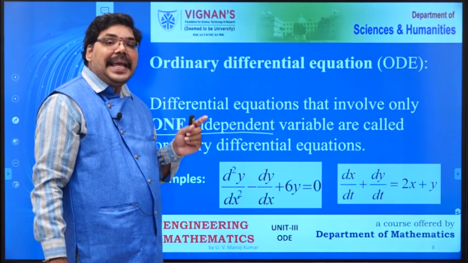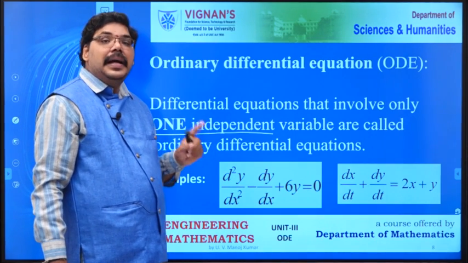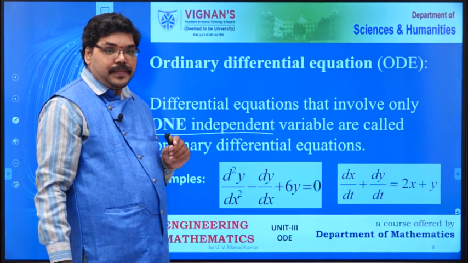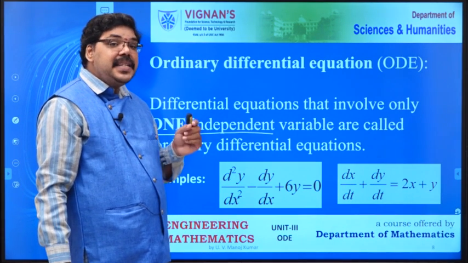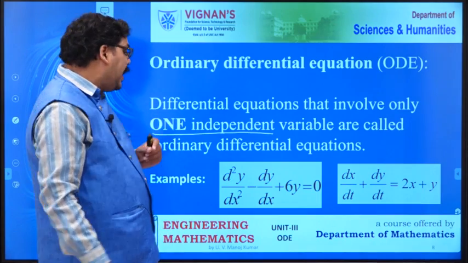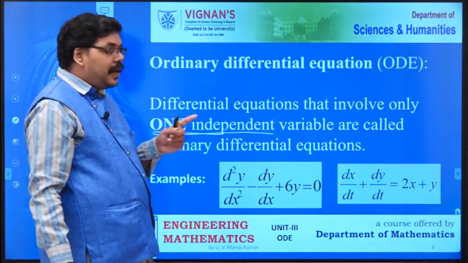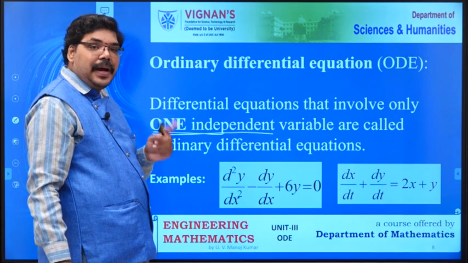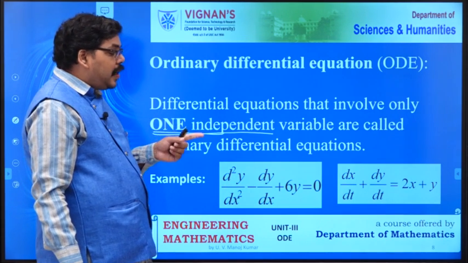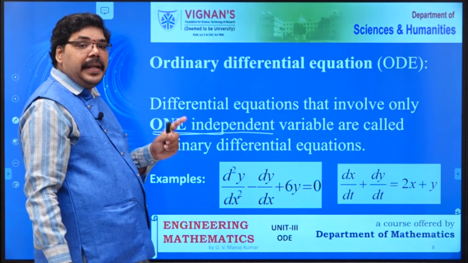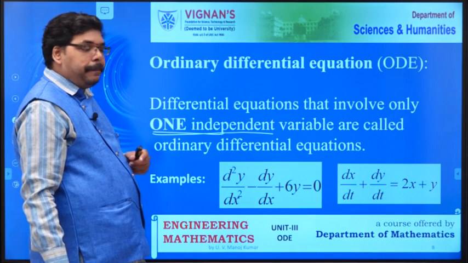So here x and y are dependent variables, whereas t is the independent variable. So our condition is on the independent variable. Since the differential equation has only one independent variable, it also comes under ordinary differential equation.